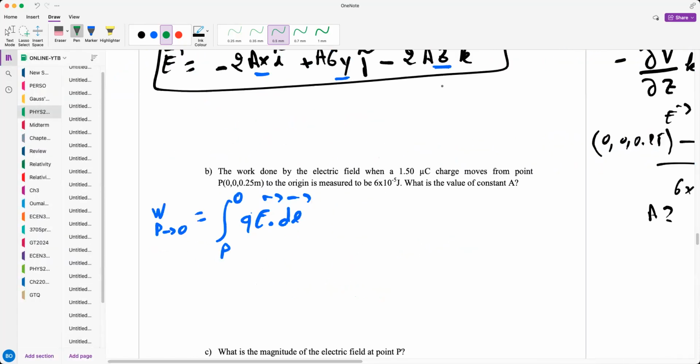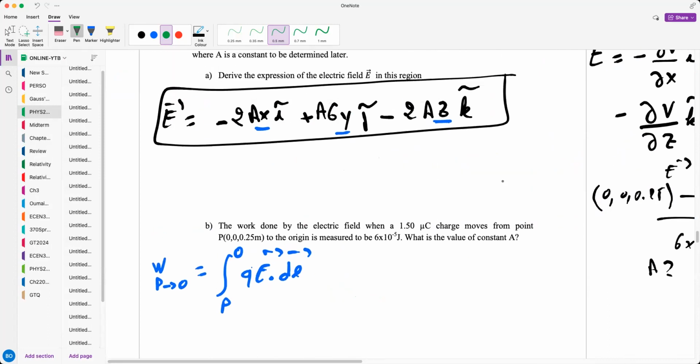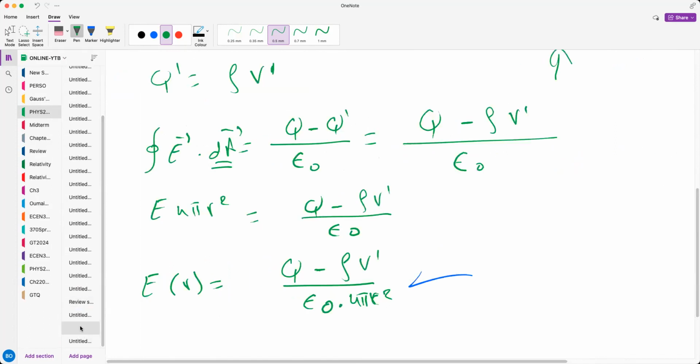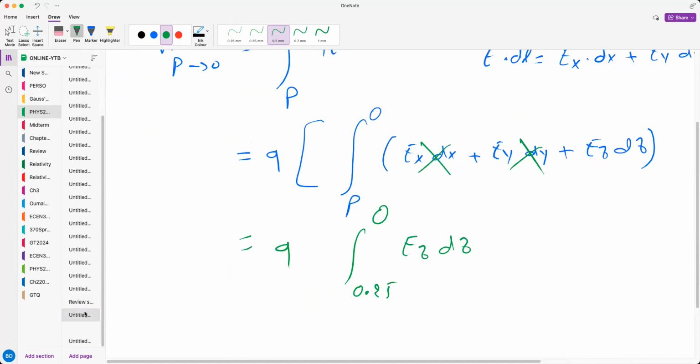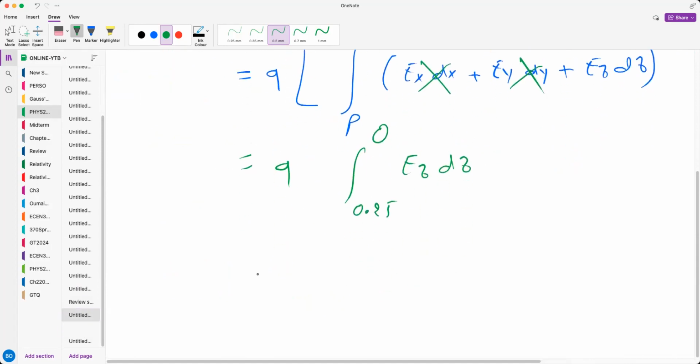This is minus 2Az, so I can go back up here. It is the Q times minus 2Az dz from 0.25 to 0.